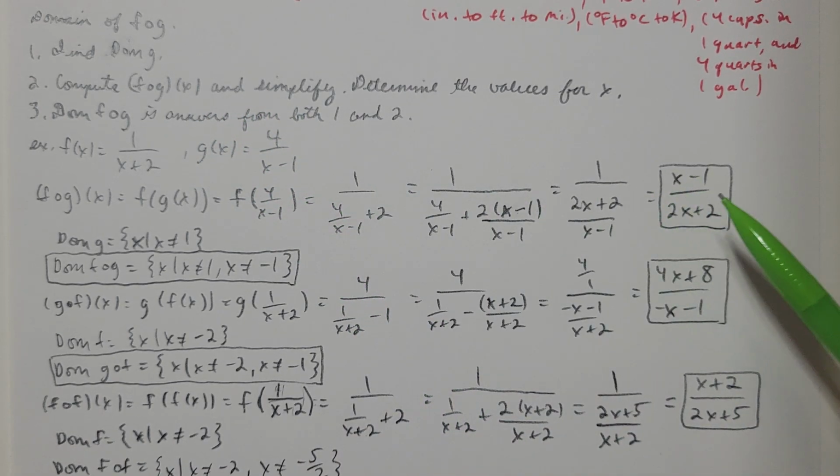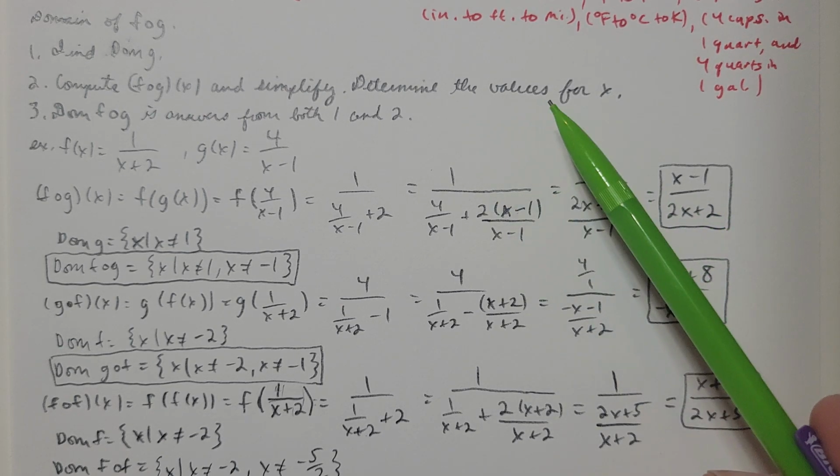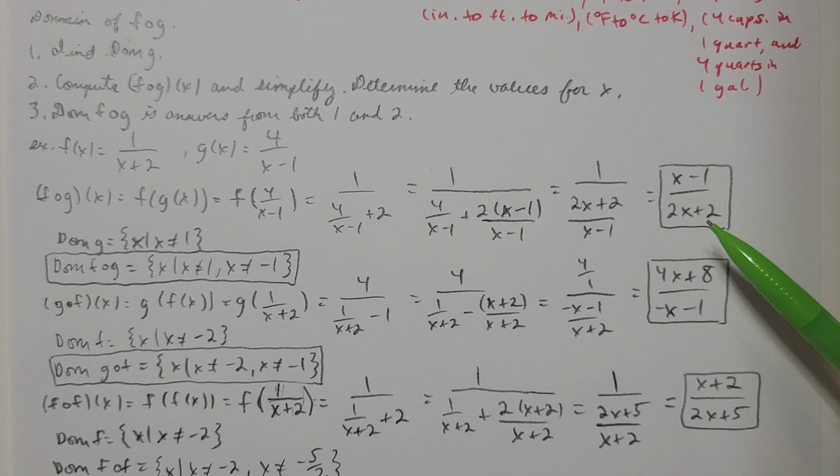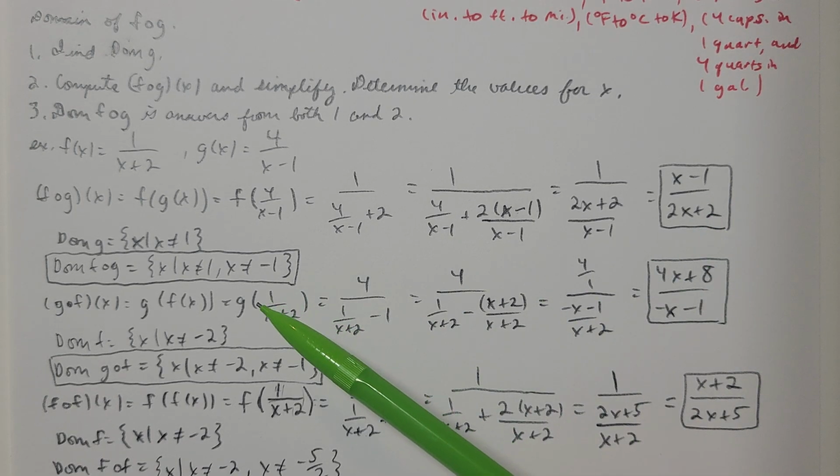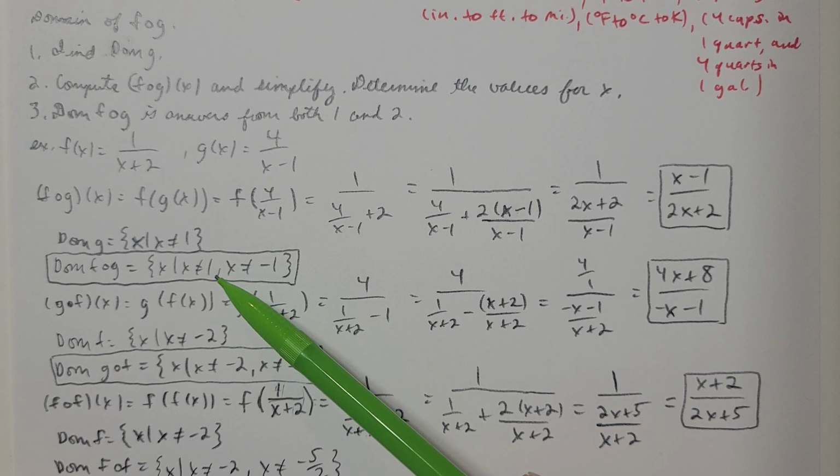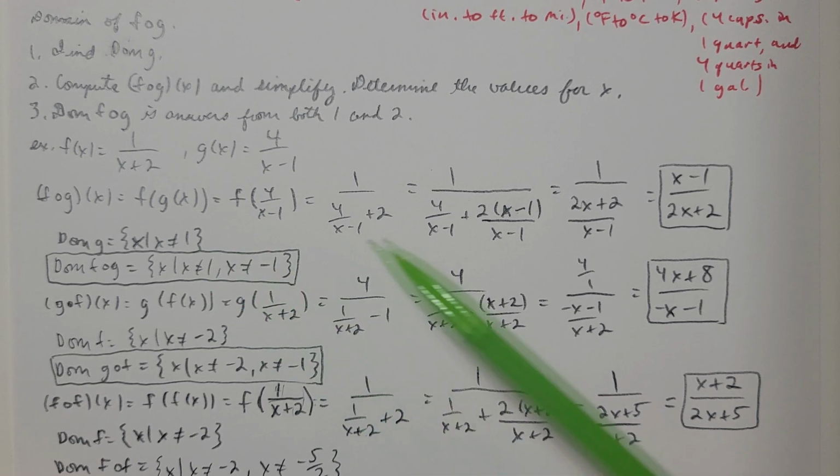I've done that. Here's my answer in complete simplified form, and I'm supposed to determine the values for x. If I set 2x plus 2 equal to 0, subtract 2 and divide by 2, x is negative 1. That's what I don't want. I don't want x to be negative 1 because I can't divide by 0. So in all, I can't let x be 1, and I can't let x be negative 1.